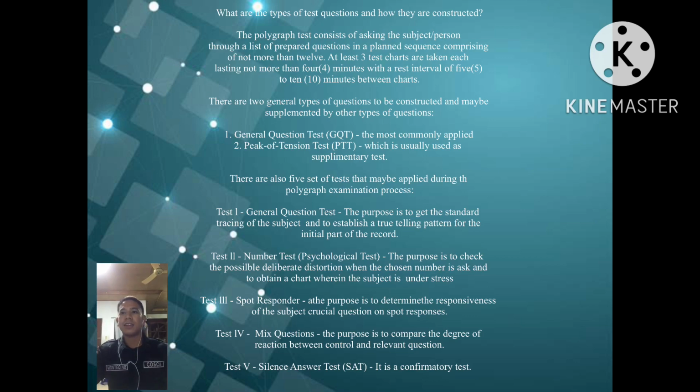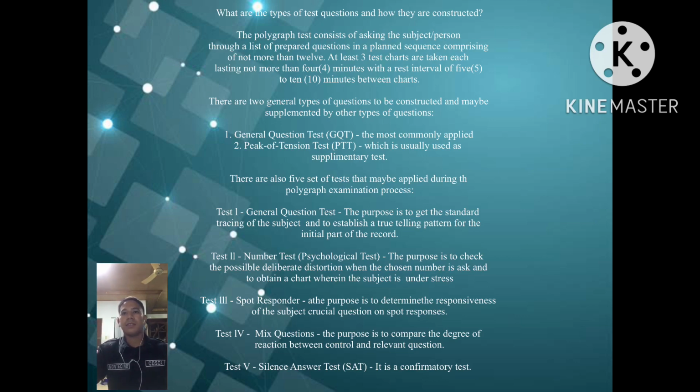At least 3 test charts are taken, each lasting not more than 4 minutes with a rest interval of 5 to 10 minutes between charts. There are 2 general types of questions to be constructed and may be supplemented by other types of questions. First is general question test, and second is peak of tension test.